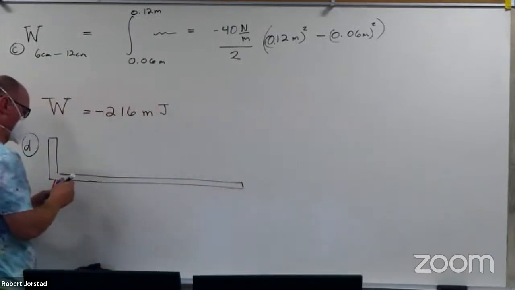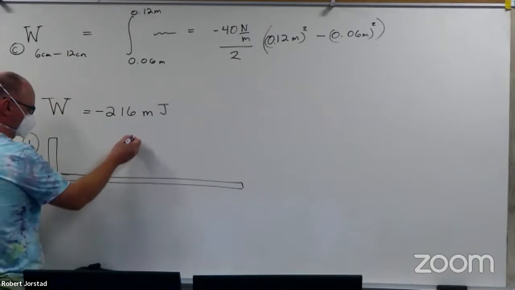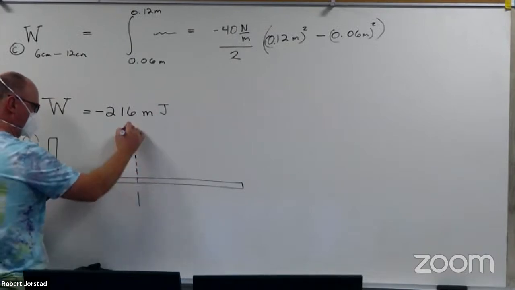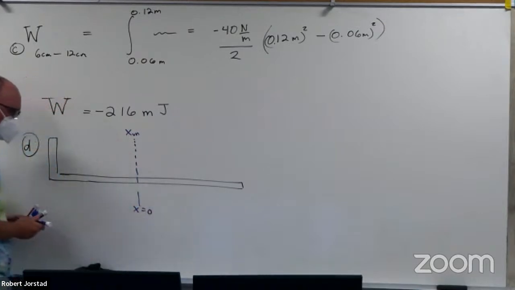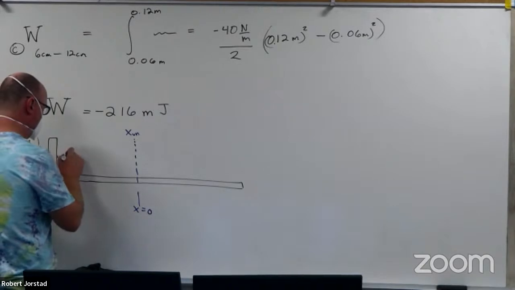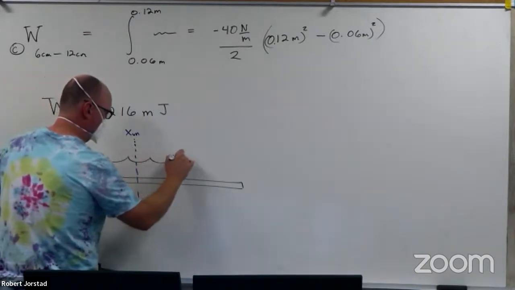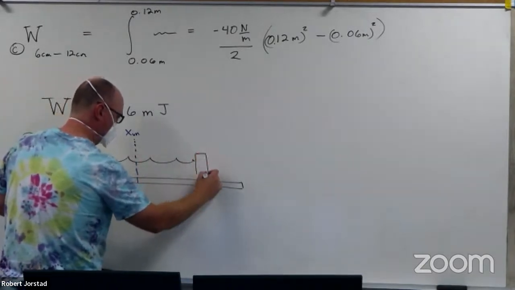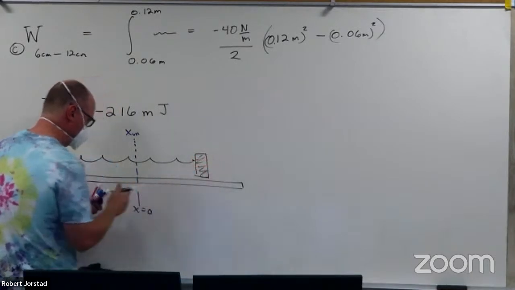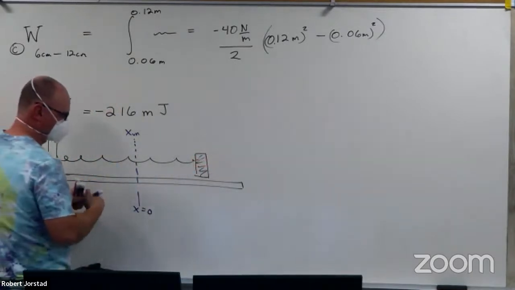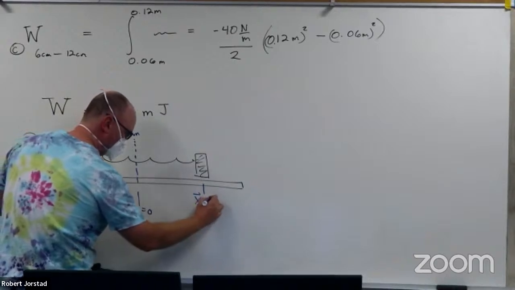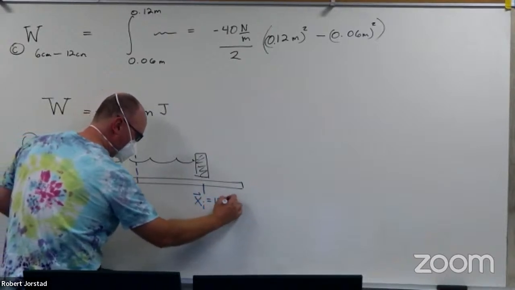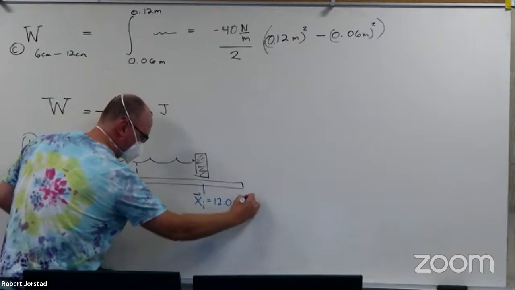Okay, here's our unstretched position, which we're using as our coordinate, right? This is the unstretched position, and we choose to set that as the 0 of our coordinate system. We're going to start with the block way over here, at x initial equals 12.0 centimeters i hat.